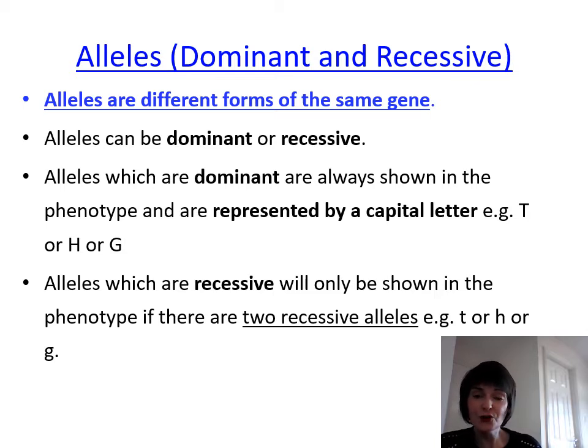We tend not to use letters which are the same in the upper and lower case, because it's sometimes quite difficult to distinguish between dominant and recessive alleles. So we wouldn't use things like S, because S as a capital and S as a lowercase letter are the same.